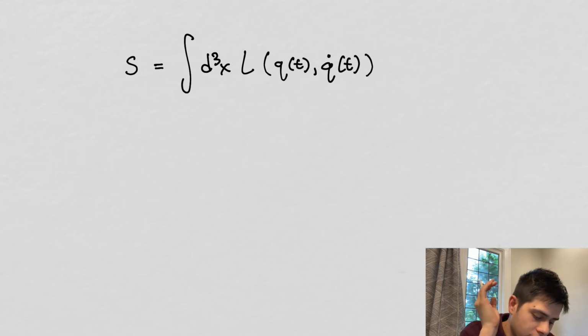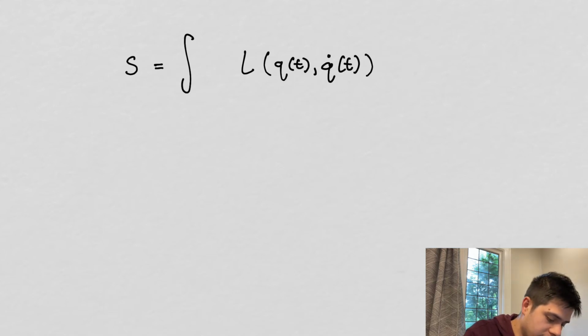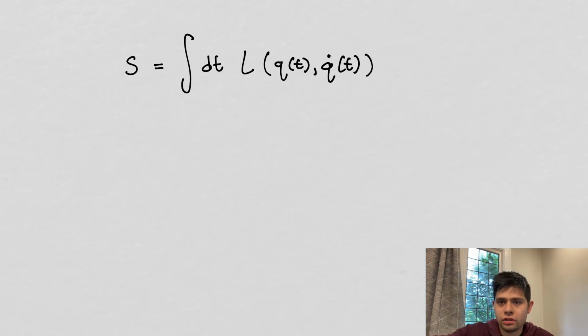Okay? And so we integrate this over, actually we're not integrating over space. What am I thinking here? We're integrating over time. So as time goes on, we are taking our Lagrangian and we're going to try to find its minimal point.